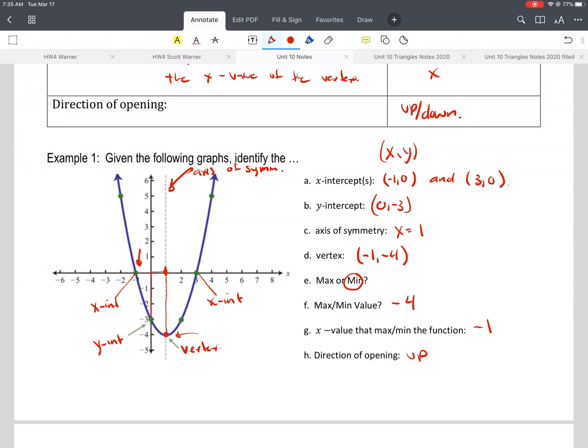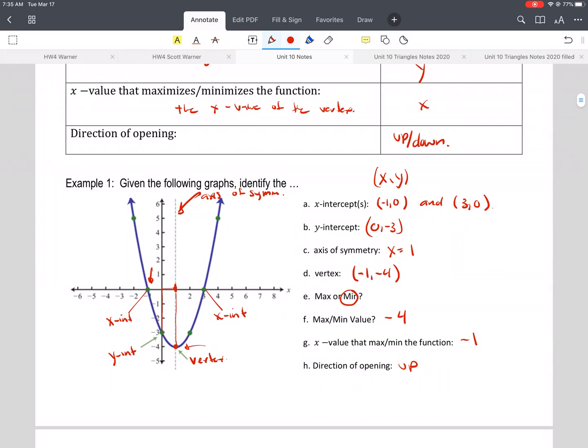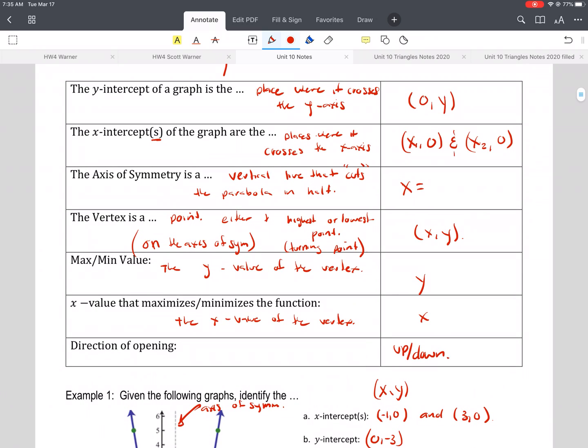Okay, just a couple things. When you do it on MathSpace, some of the wording is a little bit different. Rather than saying a maximum or a minimum, they say an absolute maximum or absolute minimum.